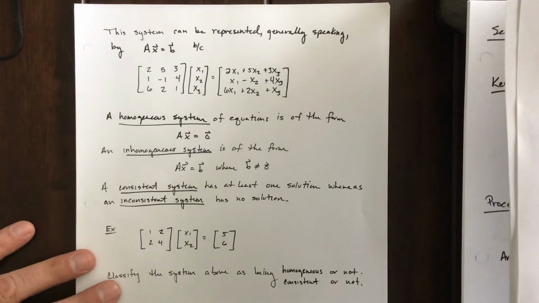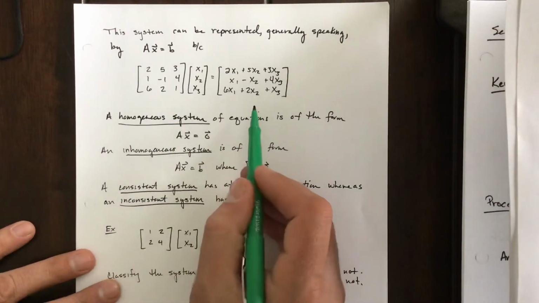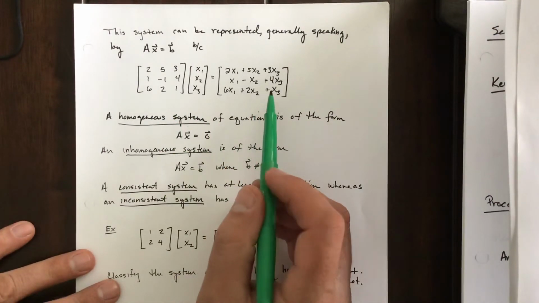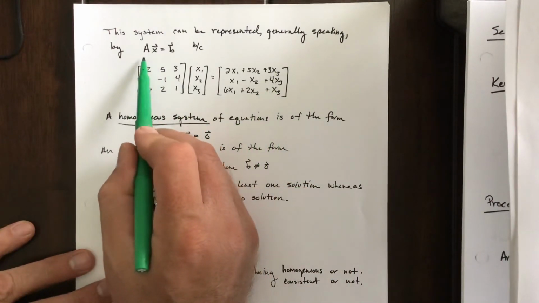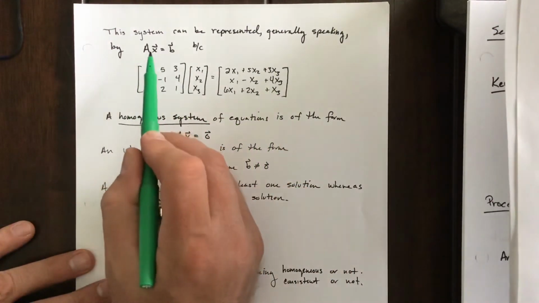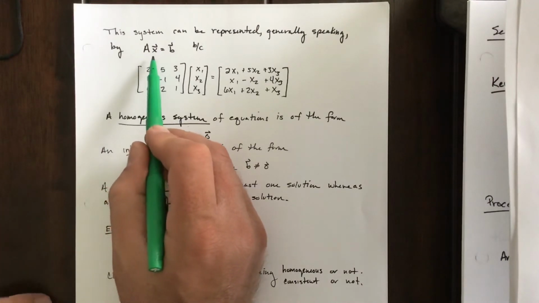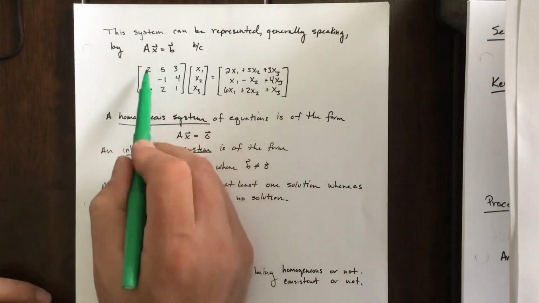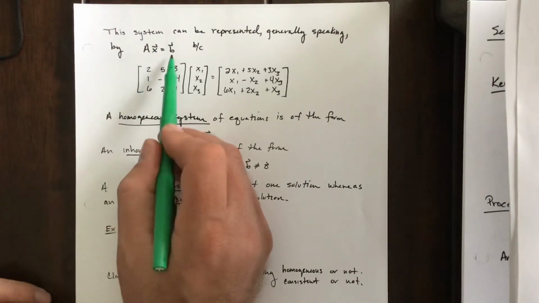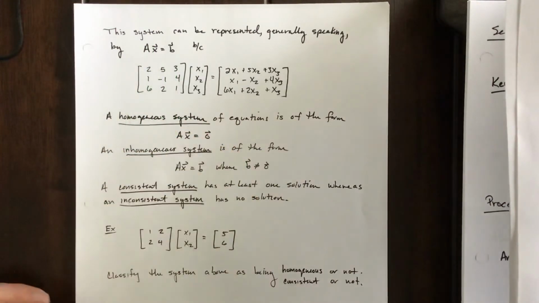So what we just did, writing a matrix equation, can be represented generically by the symbols A, which is representing a matrix, times X, which is representing an unknown matrix, a matrix with all of our unknowns, is equal to B. That's our resultant matrix.